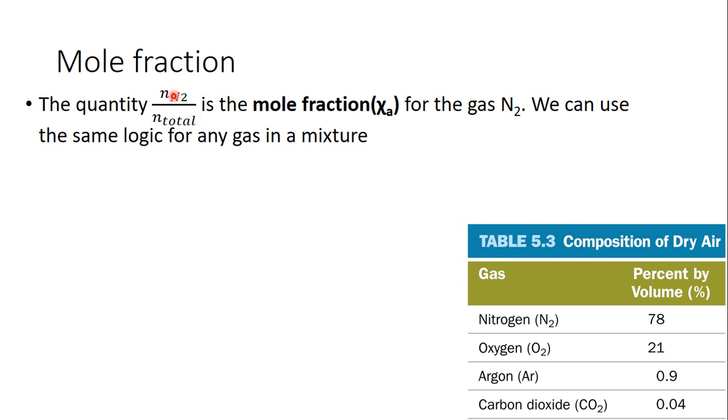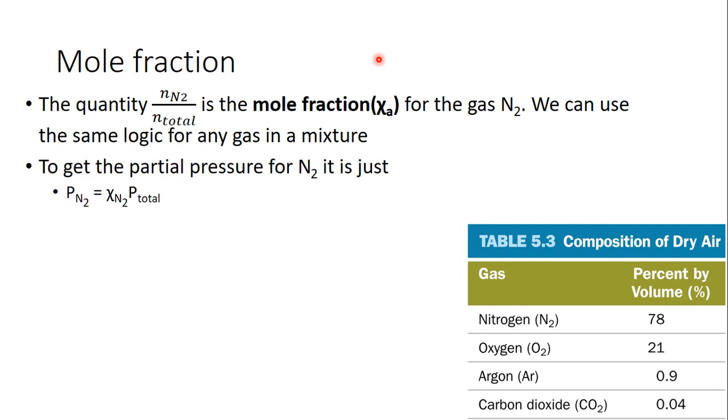And this quantity, moles of one type of gas divided by total moles, we call that the mole fraction, or chi-A. So we can use this type of math for any gas. And to get the partial pressure, it's just partial pressure equals your mole fraction times your total pressure. That's all you have to do to calculate partial pressures.